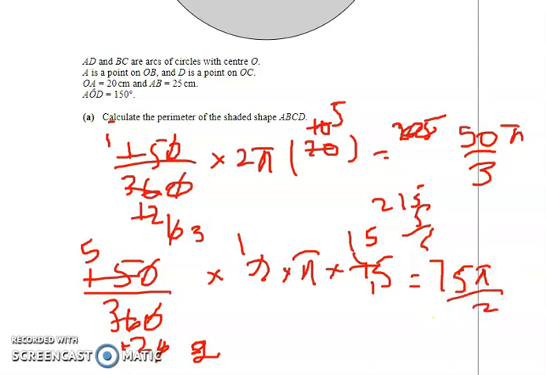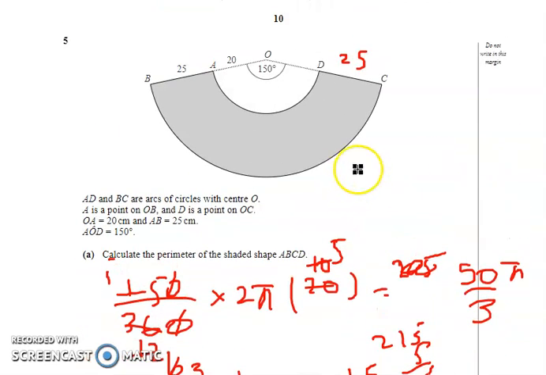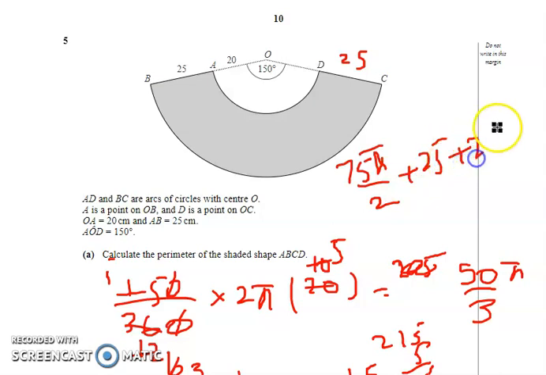So we will add all these values. 75 pi over 2 plus 25 plus 25 plus 50 pi over 3. So this 25 plus 25 will give me a 50, and 3 2s are 6, let's take LCM 6.